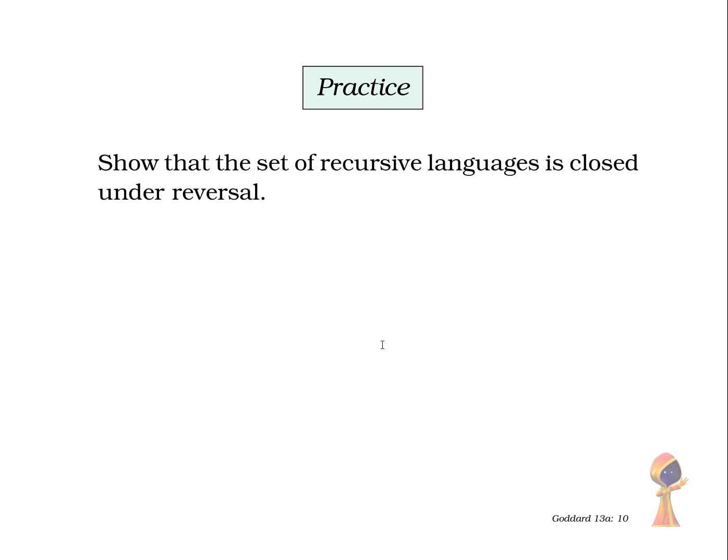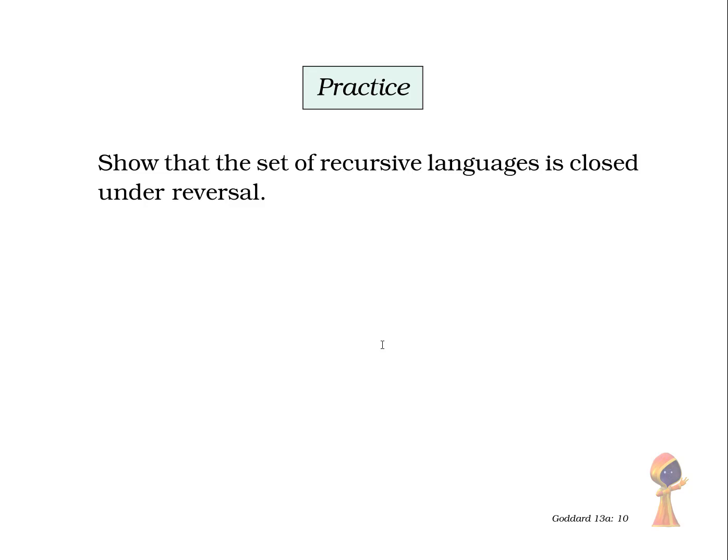So if we've got a string, we reverse it. So if we take a language and reverse it, the language which comes about is also recursive. So you can practice that proof.